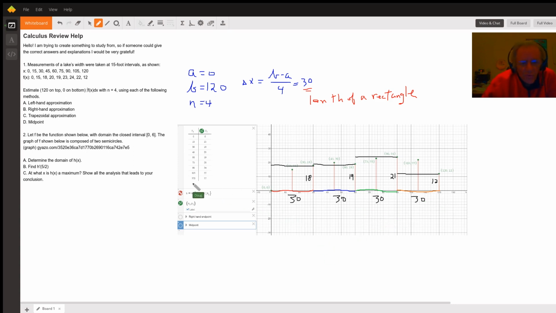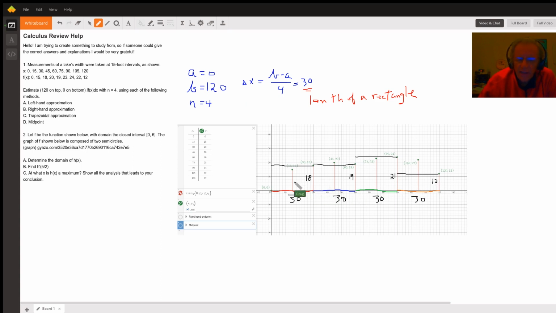And then if we're going to use right-hand endpoint, that means we want the height of the rectangle that we're going to use to estimate the area under the curve as the height, or the y-coordinate, of the right-hand endpoint of each subinterval. So that means the height of this first rectangle is 18. At the right-hand endpoint, the height of the next rectangle is 19, and 21, and 12, and so on.